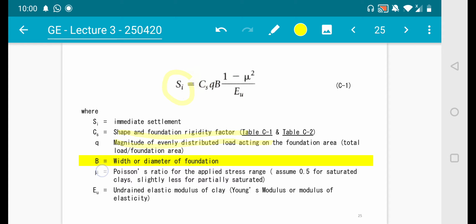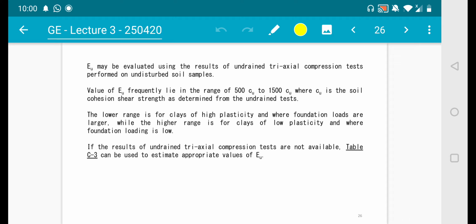Again, you have your constant mu, Poisson's ratio, and also another constant, which is your undrained elastic modulus of clay, EU. So everything connects to immediate settlement. Now EU may be evaluated using the results of undrained triaxial compression tests performed on undisturbed soil samples. So EU can be taken from laboratory tests.